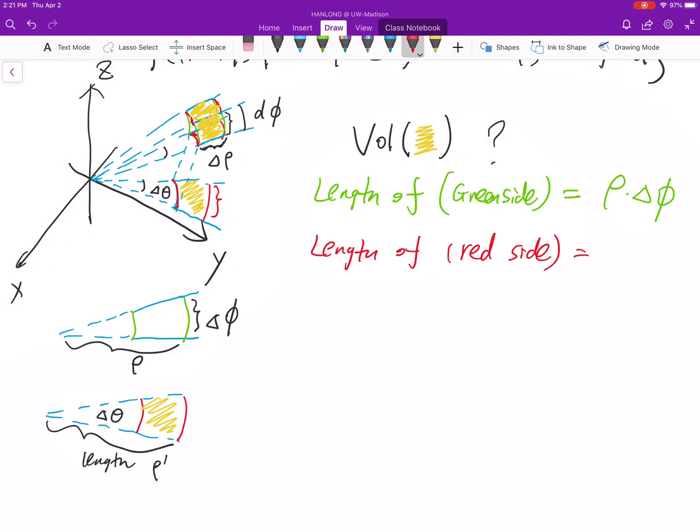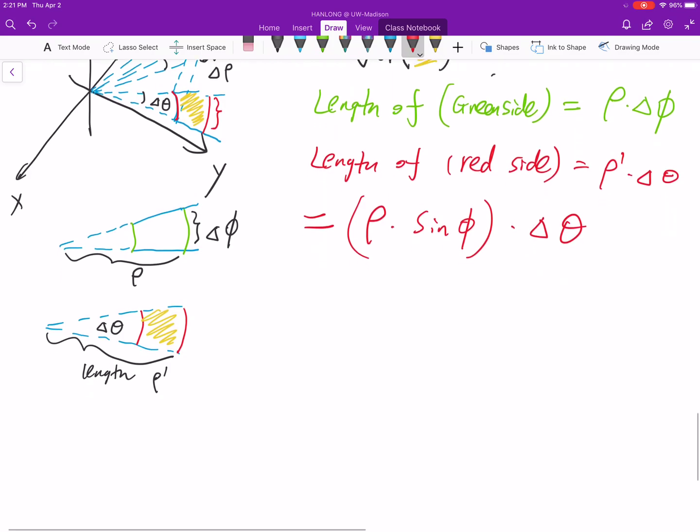So it will be rho prime times d theta. But then rho prime is a projection of rho. Therefore, you will further have rho times sine phi times delta theta.